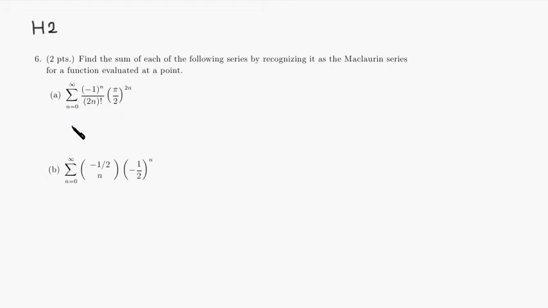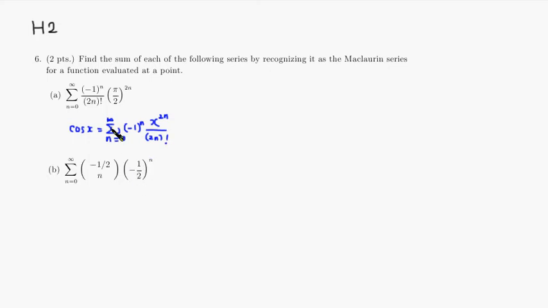So remember that the cosine of x is equal to the summation n goes from 0 to infinity of negative 1 to the nth power, then you have x to the 2n power over 2n factorial.